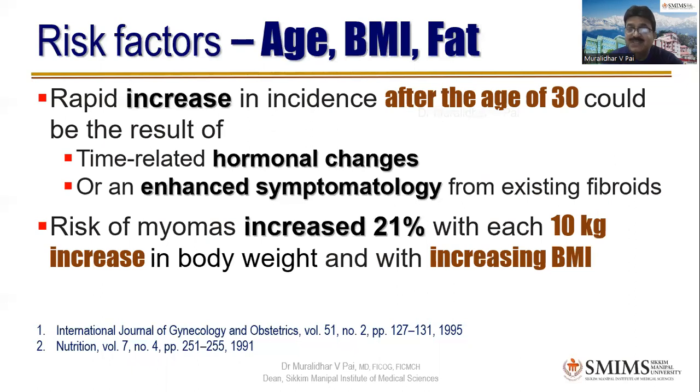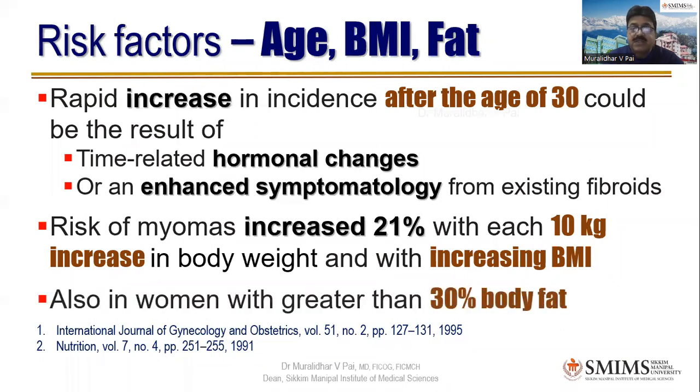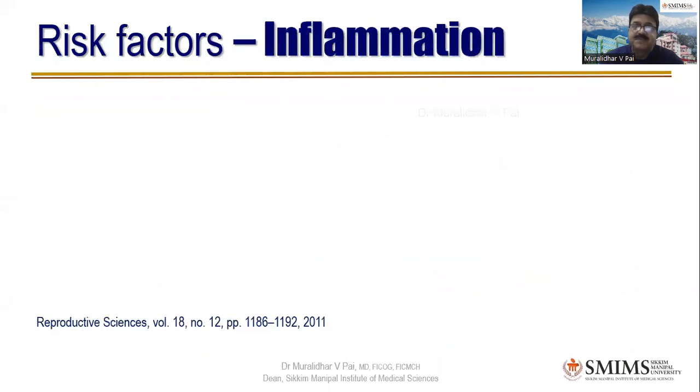So it makes sense to maintain a healthy weight, what I would say. Because with each 10 kg increase, there's a 21% increased risk of developing fibroids. So everything is interconnected in life. Also, in women with greater than 30% body fat. So if they have more body fat compared to muscle mass and bone mass and other things, those are the women who would develop fibroids.